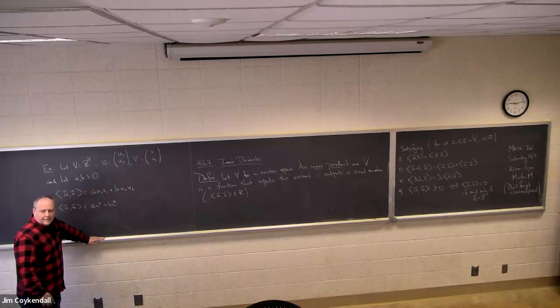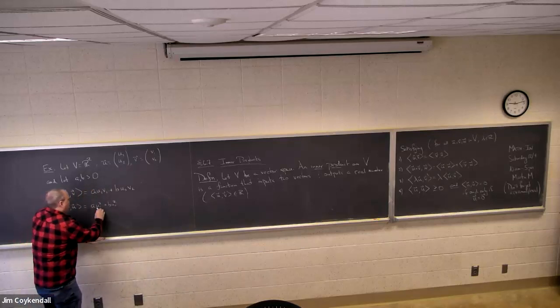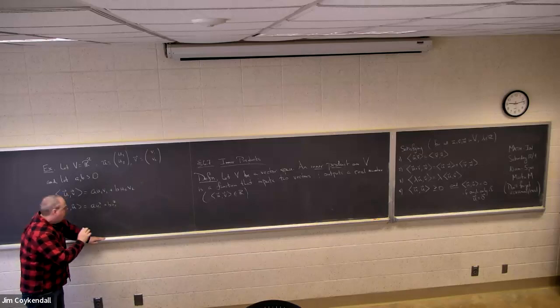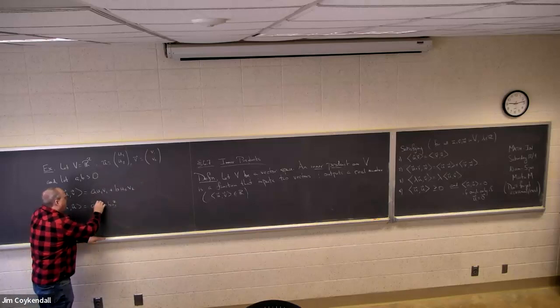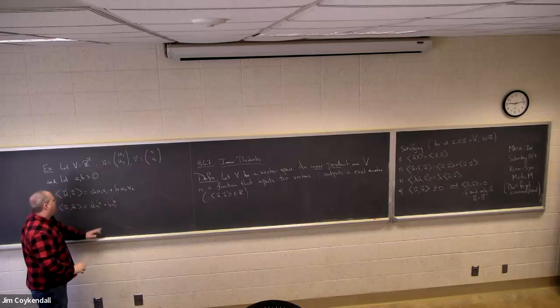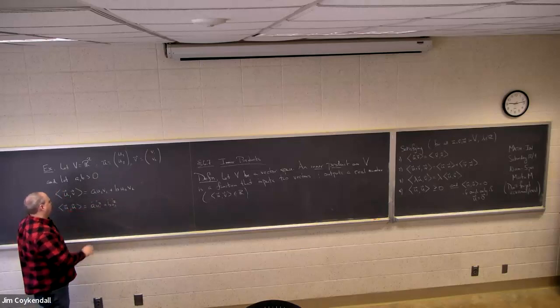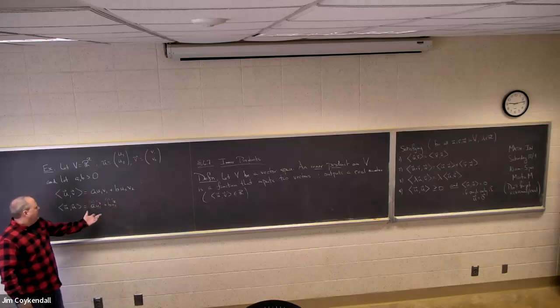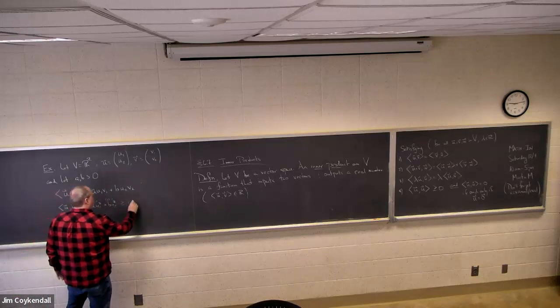Well, A and B are greater than 0. That's the important part. So certainly these two are positive, greater than or equal to 0, right? And so if this is positive, and by positive, I mean this is truly positive, and this is positive at least 0, then this is greater than or equal to 0.